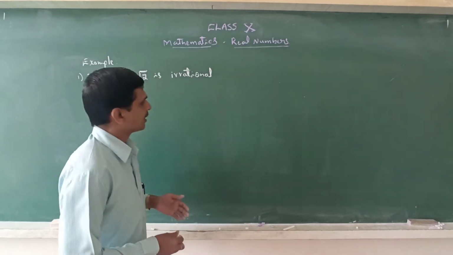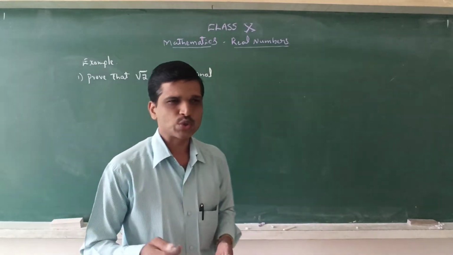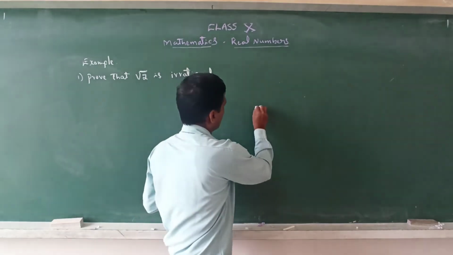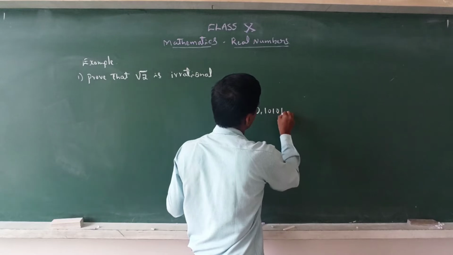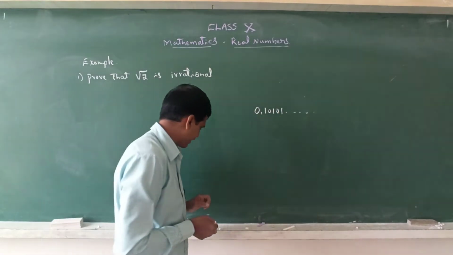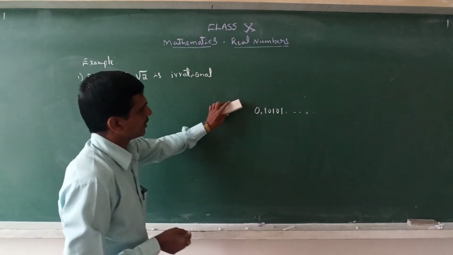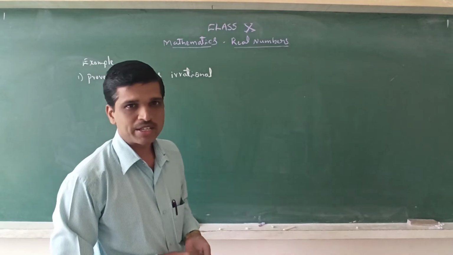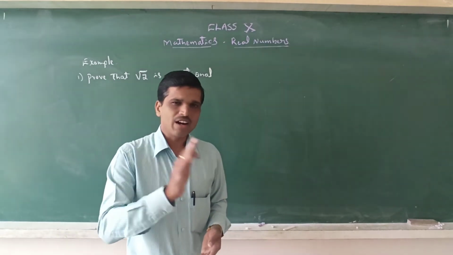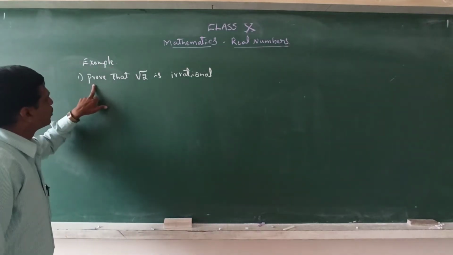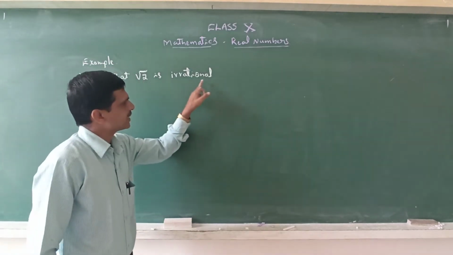Irrational number examples are square root 2, square root 3, square root 5, pi, and for example 0.10101 and so on continuously, because their decimal expansion cannot end. That's why these are called irrational numbers. Irrational numbers cannot be written in the form p by q. That is why I took the example: prove that square root 2 is irrational.